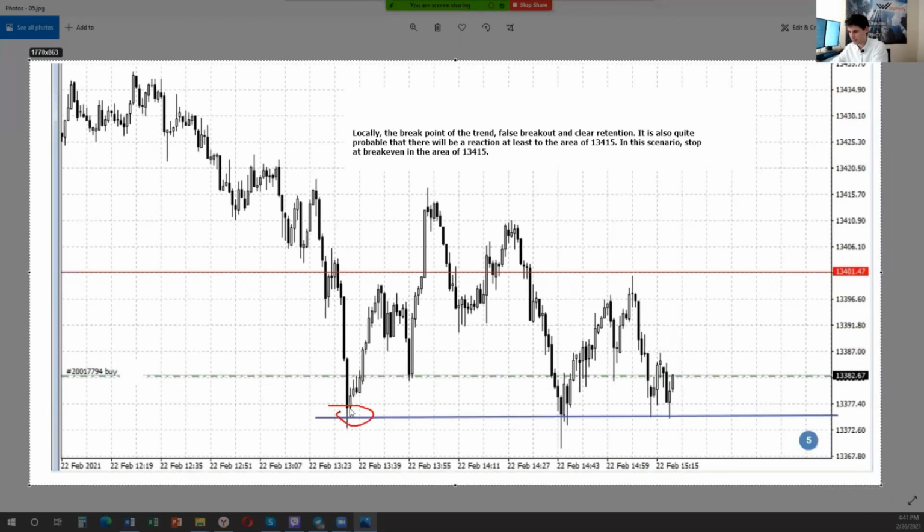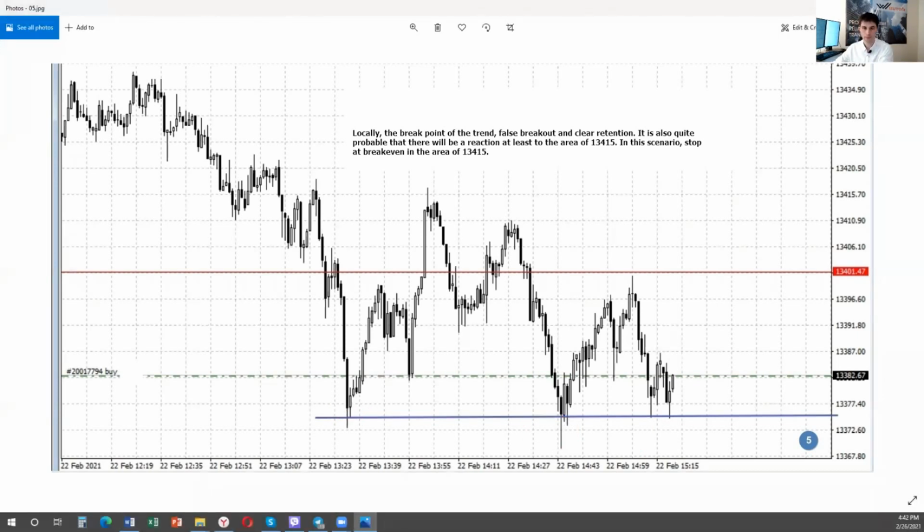Let me explain. Here, key point: false breakdown and clear retention. At the same time, note that the generally accepted rule in the trading world is to buy above the level and sell below the level.